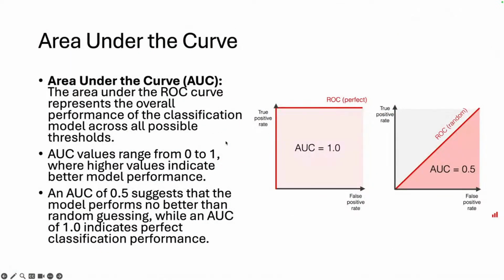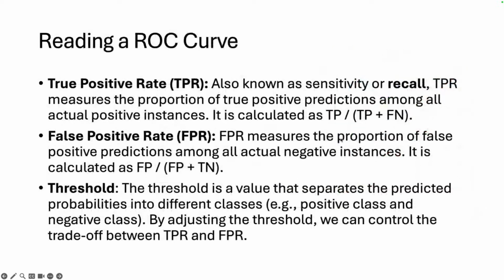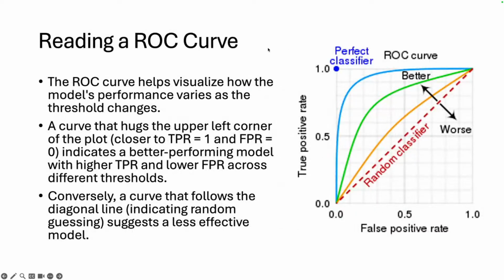So area under the curve, or the AUC, is a measurement that represents the performance across all of those possible thresholds for the model. Remember we said if it runs all the way up to the top here and then runs over, that's theoretically a perfect model.